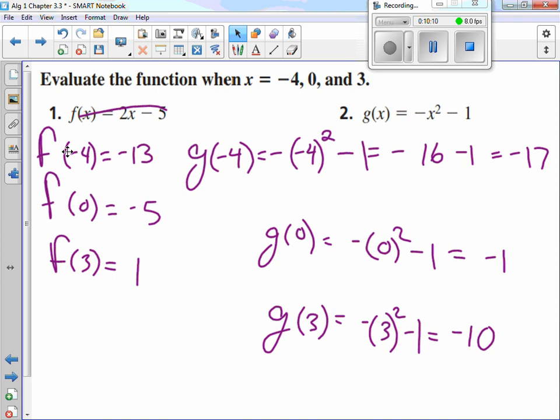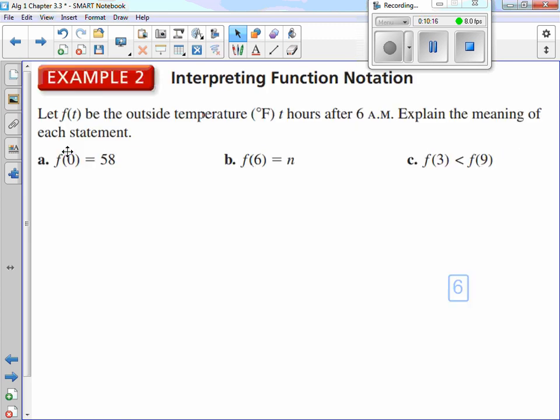Any questions on these here? Are we good with plugging the values in and finding the solution? Yes? Let F of T be the outside temperature in degrees Fahrenheit T hours after 6 a.m. Explain the meaning of each statement.